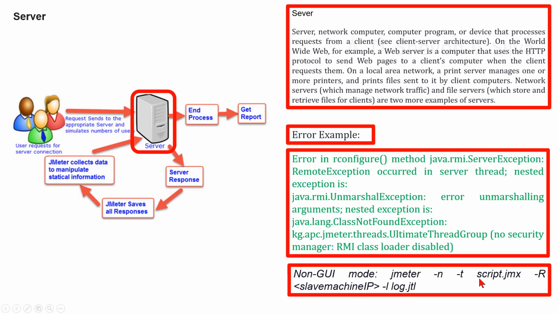As an error example, we can consider this error that occurred when JMeter is running in non-GUI mode with jmeter -n -t script.jmx -r slave machine IP -l log.jtl.